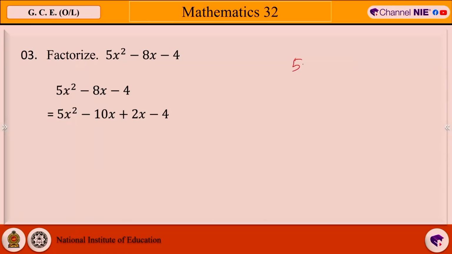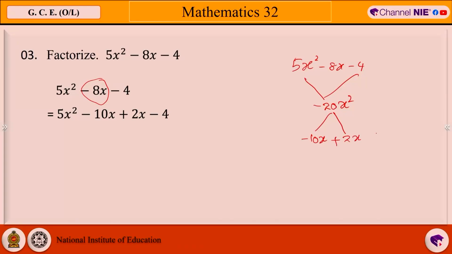Here you have 5x squared minus 8x minus 4. So, you have to get the product of these two now, which is minus 20x squared. Then you have to find the factors of minus 20x squared such that the sum of these two factors is equal to the x term. You know these things already. So, the factors are minus 10x and plus 2x.